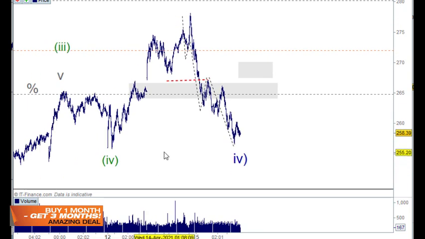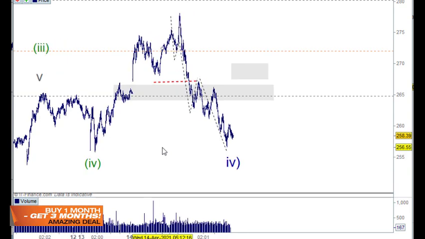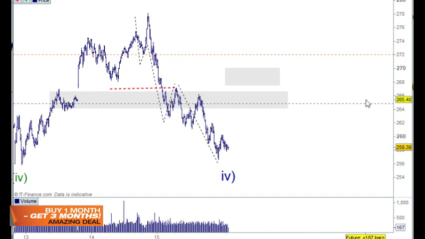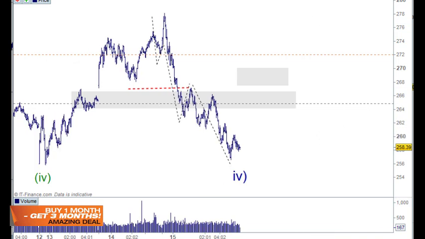If you've got a volume profile in there, that's where that volume would be. So that's at 265. So we're thinking something like this.